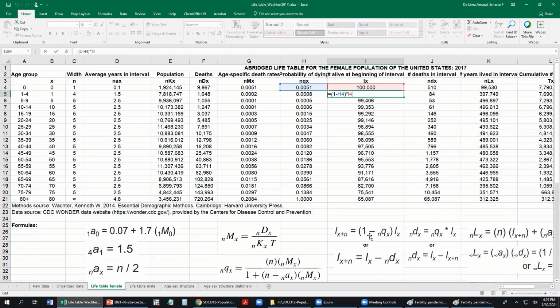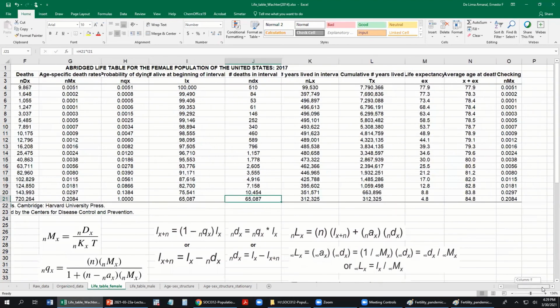It can be 1 minus the probability of dying times the previous l(x), or it can be the l minus the d. So 99,490. If I just take this number minus this number, I get exactly the same value, right? Until the last one, in which everybody dies.